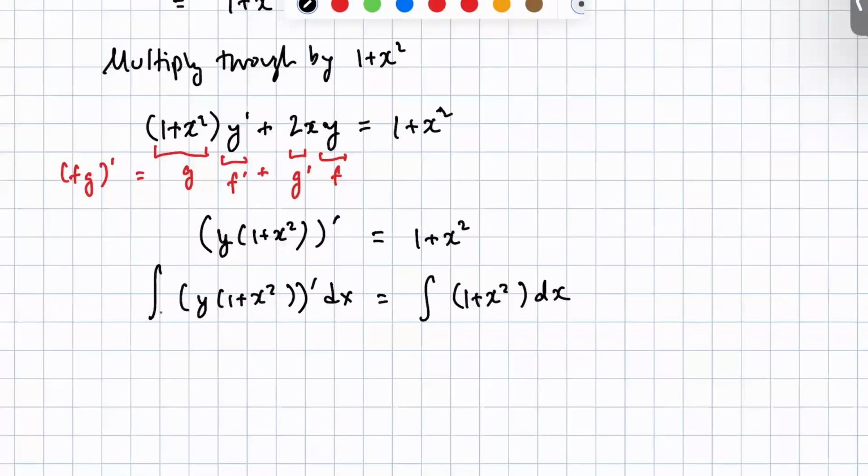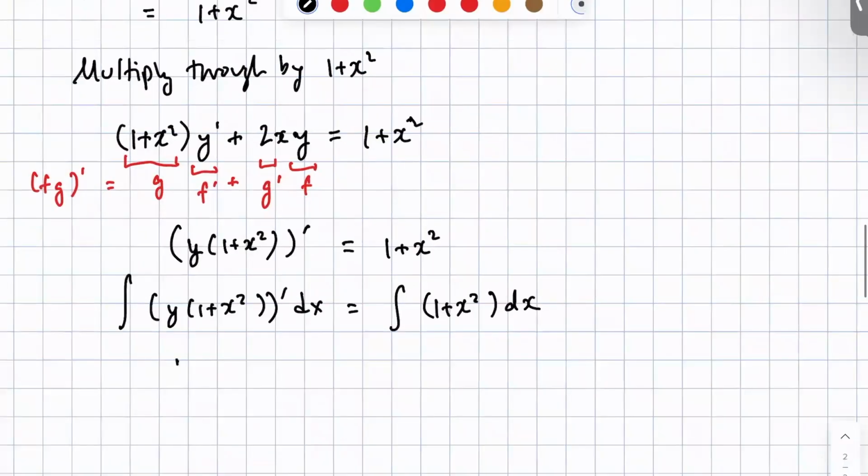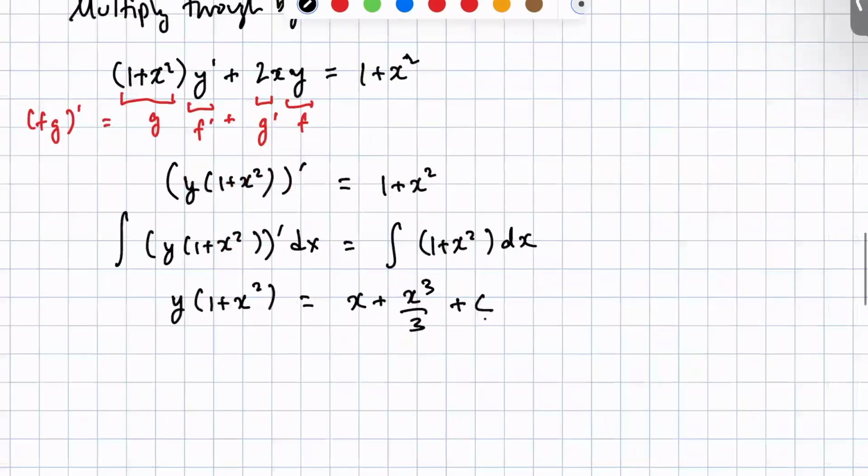All right, when you take the integral of a derivative, they cancel out. And so you have y times 1 plus x squared equals x plus x cubed over 3 plus c. Now notice that the plus c must be introduced immediately upon integration.